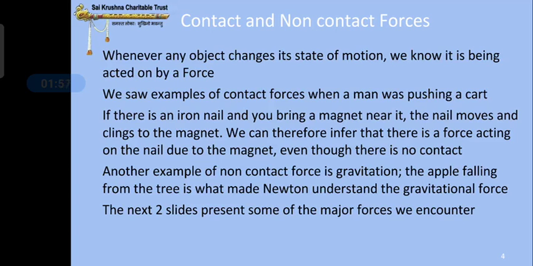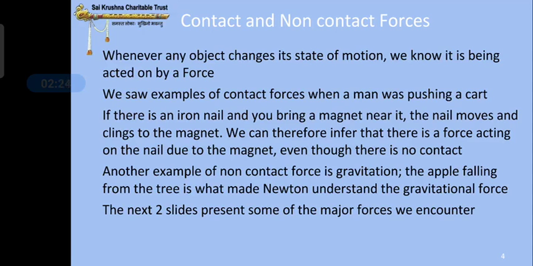Not only contact, but even with no contact, there is a force acting. Another example of non-contact force is gravitation. The apple falling from the tree is what made Newton understand the gravitational force, right?